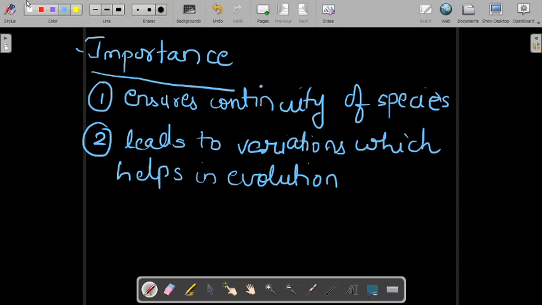So the very important terms here are continuity of species, and second, it leads to variations, which is very important for evolution.